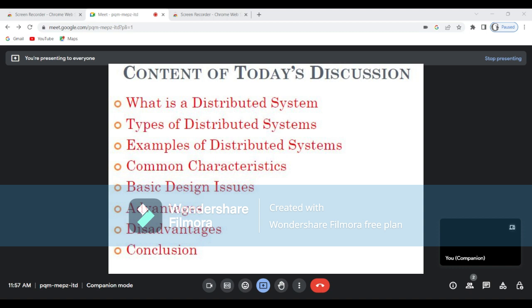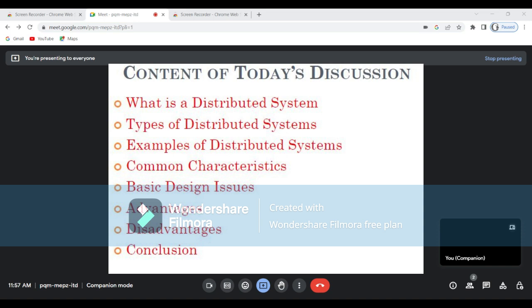Likewise, a distributed system contains components located on a network of computers. By using that, we share information, or distribute the information, in an efficient manner. It involves the following characteristics: concurrency of components, lack of global clocks, and failure independence.